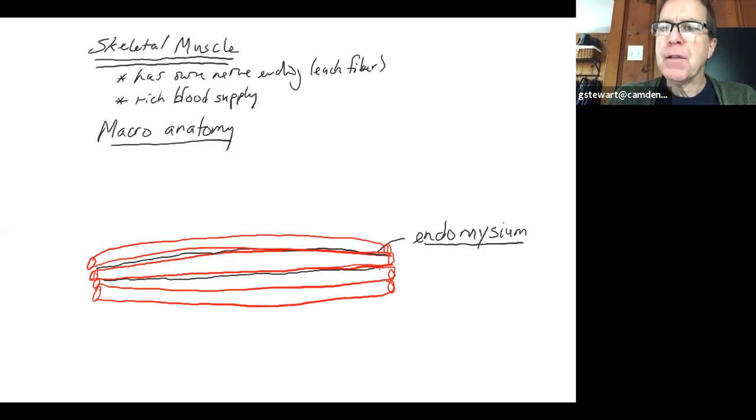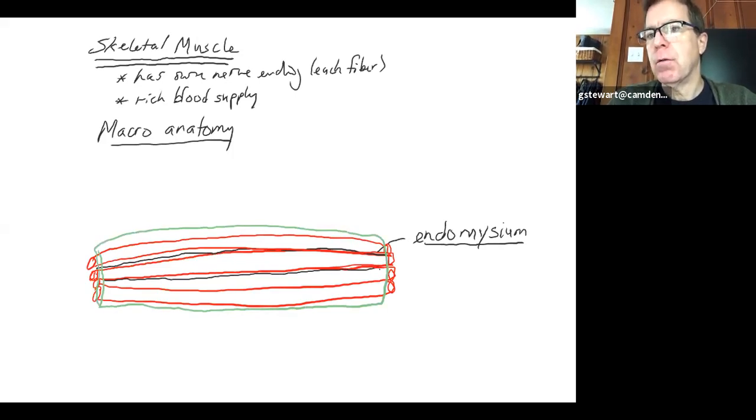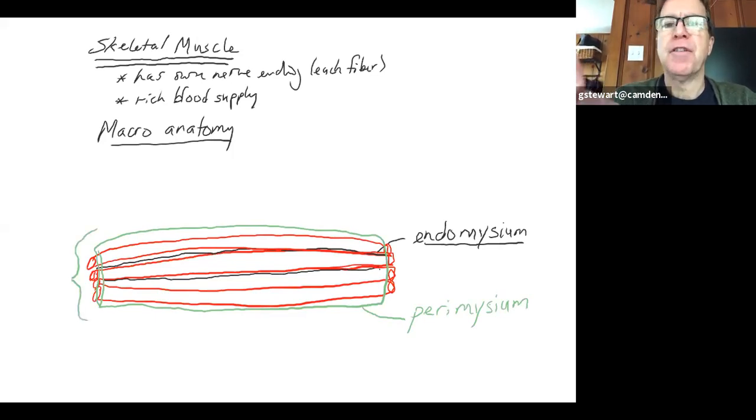We can then bundle a group of individual cells together and wrap those in a different, thicker connective tissue covering, forming a bundle. This thicker connective tissue is called perimysium, and it wraps several individual fibers together to form a bundle, which is called a fascicle.